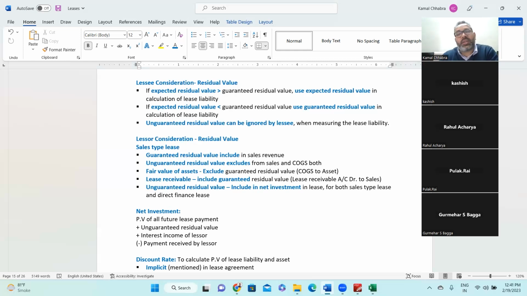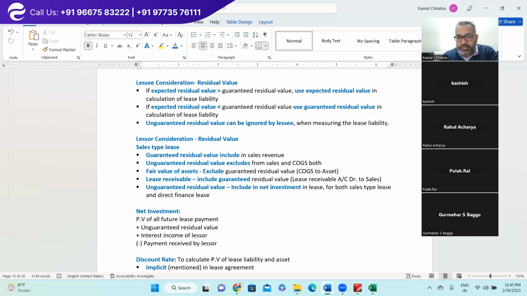So on the lessor side, what is the consideration for the residual value? First one, when you are considering a sales type lease, right? So guaranteed residual value is included in the sales revenue, and any unguaranteed residual value is excluded from sales and COGS, right? Only the guaranteed value is being included in the sales revenue, and you can recognize the profit because it is being assured.